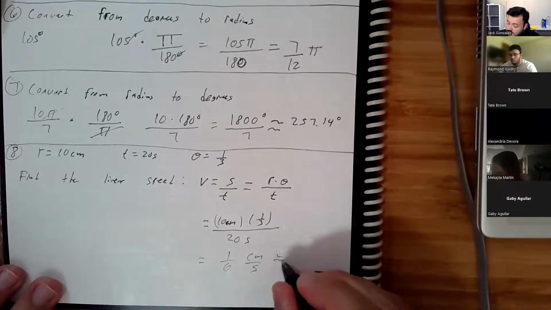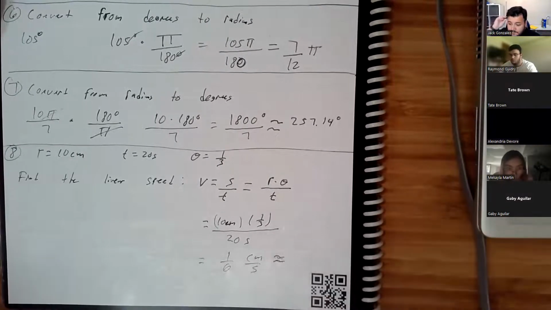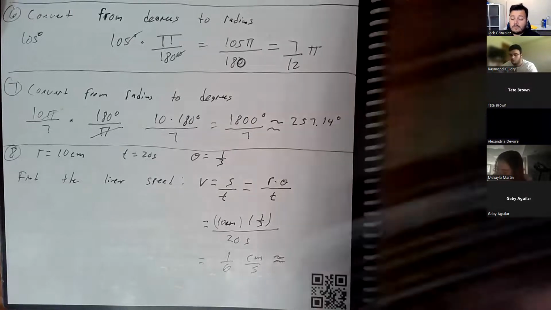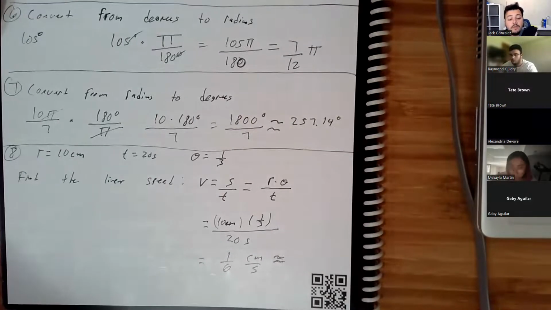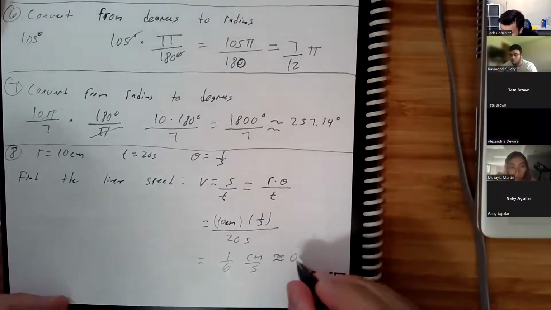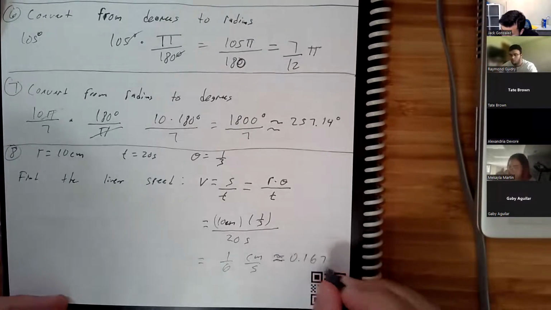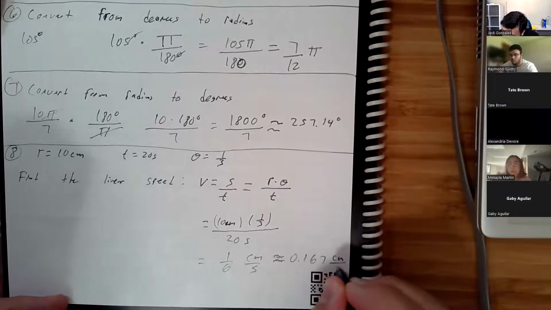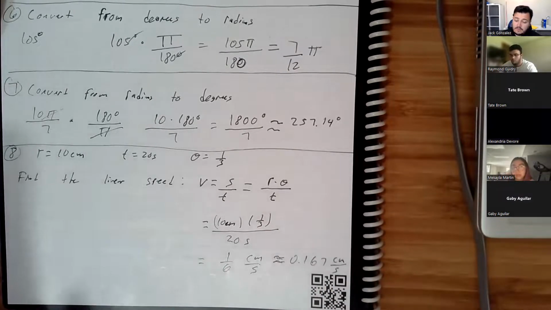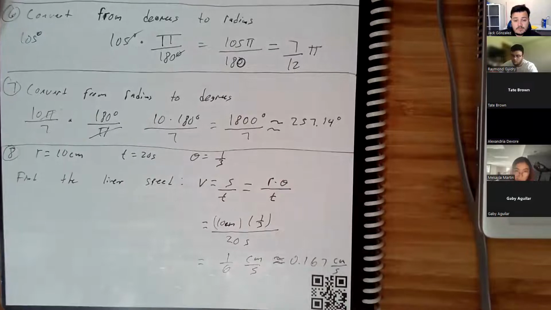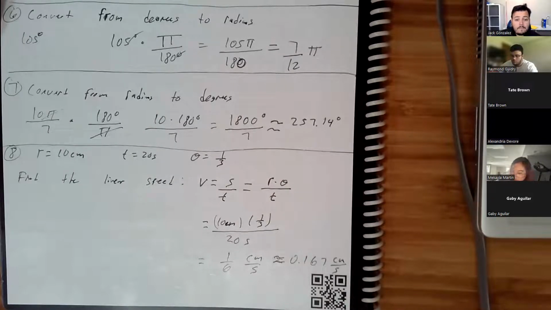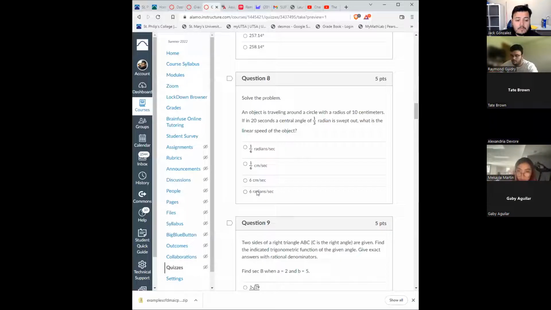In decimal, what is 1/6? I don't know what they wanted, but we'll check in a second. .17 centimeters per second. Yeah. Centimeters per second.